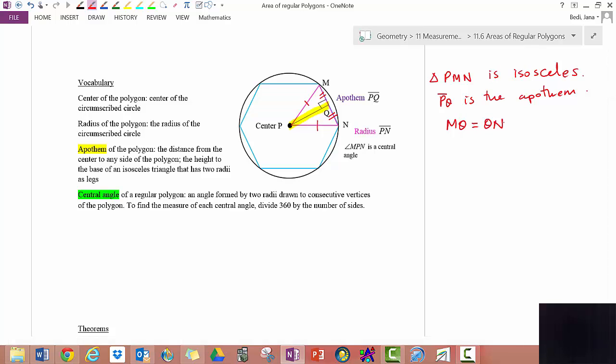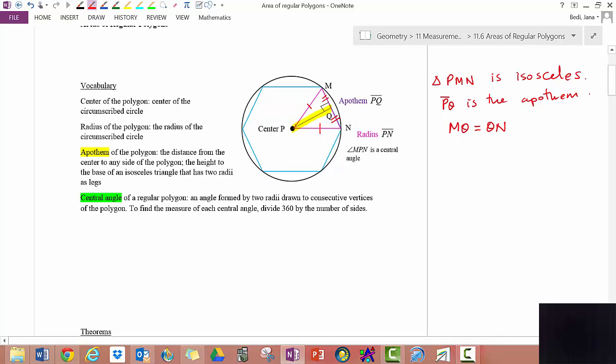And since the vertex where the two congruent sides or legs meet is the center, therefore the angle, let's use a different color here, angle MPN is a central angle.